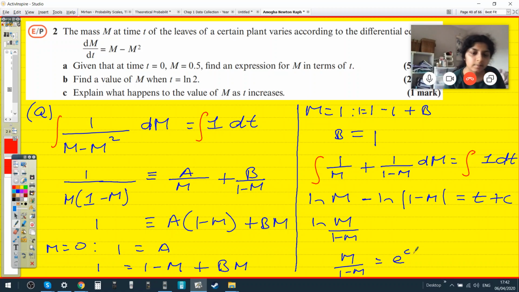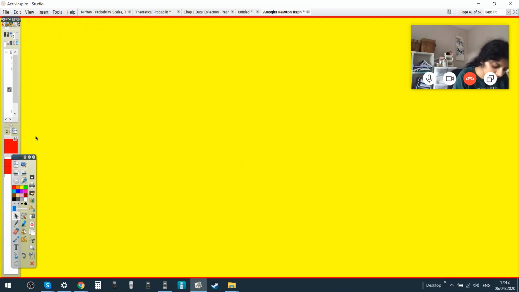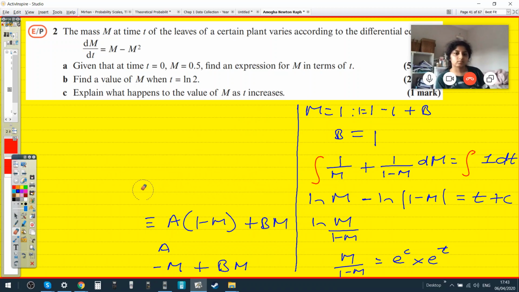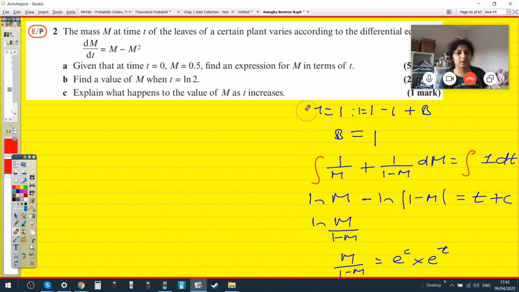And I'll do e to the c first. When t equals 0, that's equal to 0.5 over 1.5, so c is equal to 0. So m over 1 minus m is equal to e to the t. Okay. Did you find a value for m as well? It says when t equals 0, m equals 0.5.